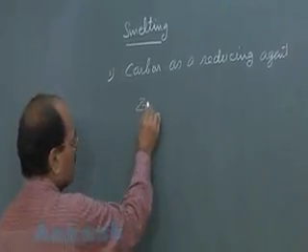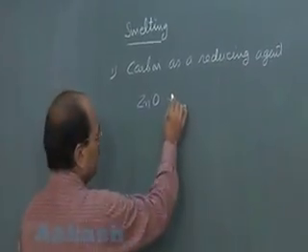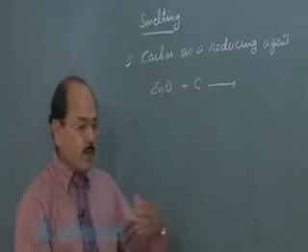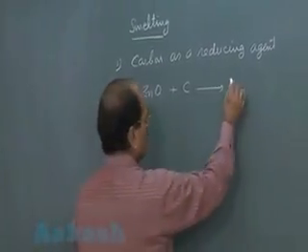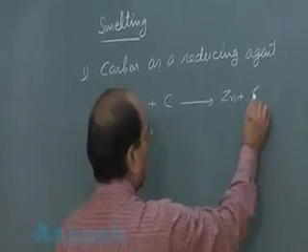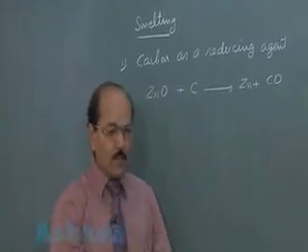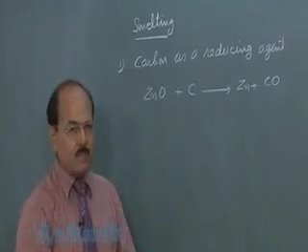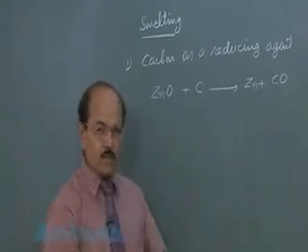For example, zinc oxide is heated with carbon in the form of coke as a reducing agent. Zinc and carbon monoxide are formed. Carbon monoxide itself can function as a reducing agent. The carbon monoxide will further reduce zinc oxide to zinc.